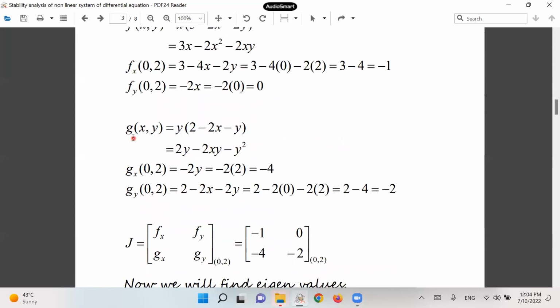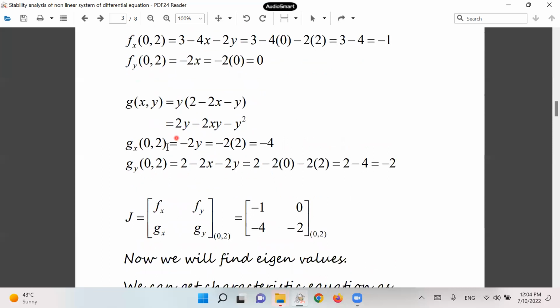Now we will see that g of x, y, the function given, is this. We take the partial derivative first with respect to x. The first term does not have any x, so it is treated as a constant, and the derivative of a constant is 0.